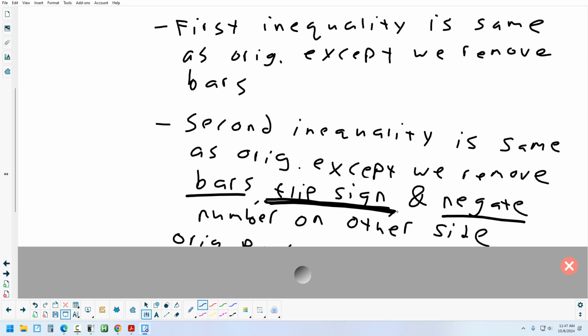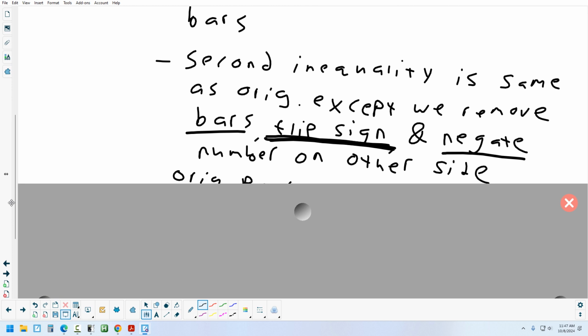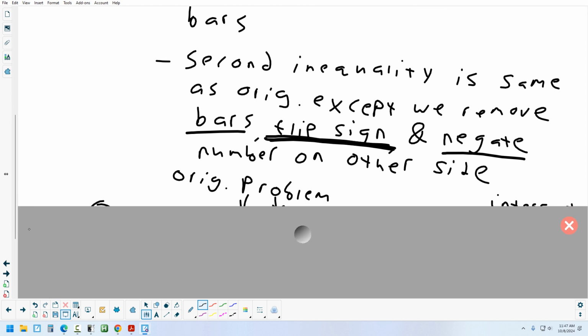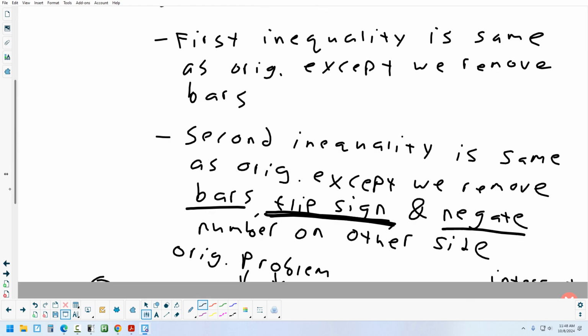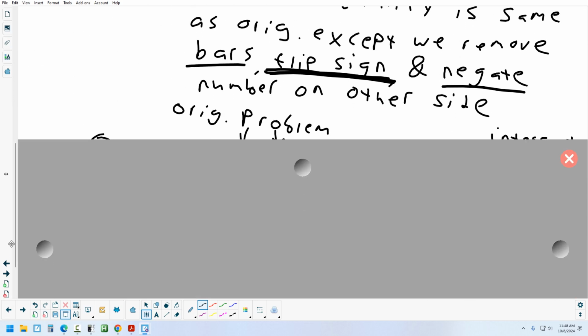You have to get this right based on something in the problem. So you go back and look at the original problem. You look at this symbol, and depending on what that symbol is, it tells you if it's an "and" or an "or."